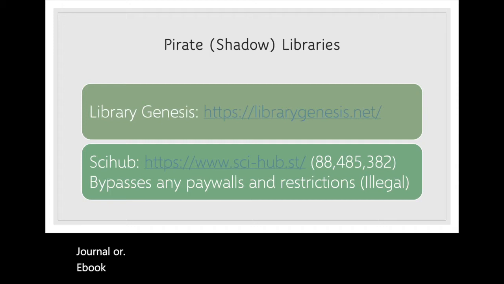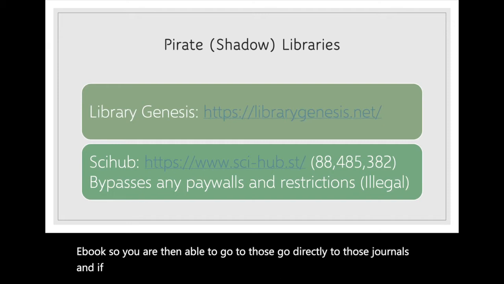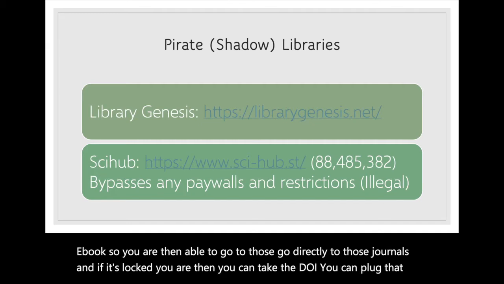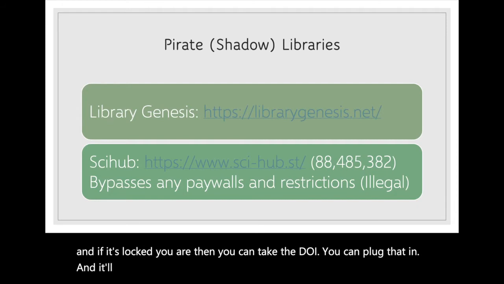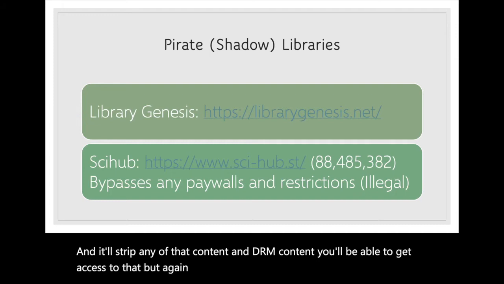So you are then able to go directly to those journals, and if it's locked, you can take the DOI, plug that in, and it'll strip any of that content and DRM content, and you'll be able to get access to that. But again, that is illegal.